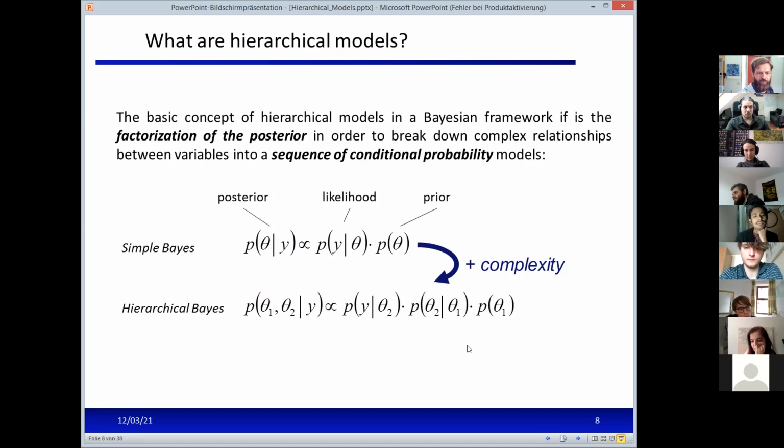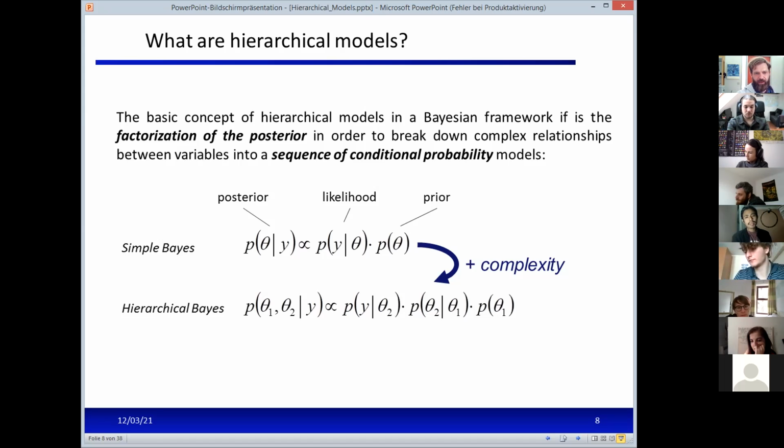Then, based on standard probability calculus, we can describe the joint probability of all our parameters given the data as the probability of our data conditional on parameters θ2, times the probability of θ2 given the parameters θ1, times our prior knowledge for these parameters θ1.